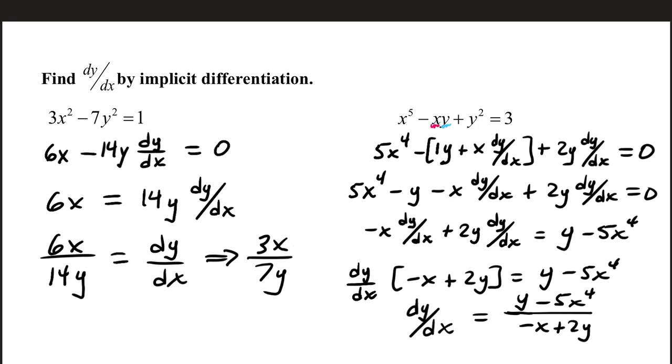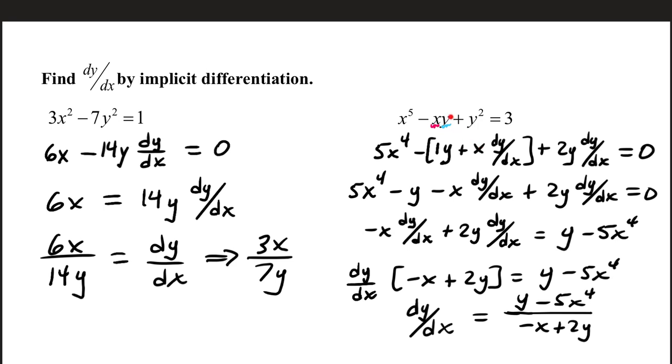The example at the top right, when we take the derivative, our first term is solely based upon x, that's 5x to the fourth. In the middle, we have a product of an x and a y. I'm going to pull this minus sign down and start a bracket. In the bracket, I want to do product rule. Derivative of the first times the second plus the first times the derivative of the second.